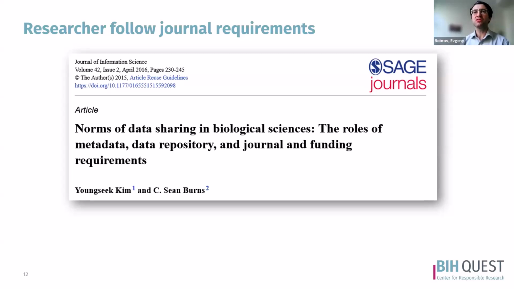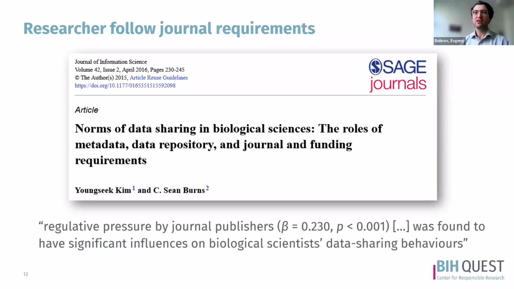It has shown that researchers would follow journal requirements, and that these requirements would be particularly important for them to start sharing data. In this study, they show that what they call regulative pressure, I'm not sure regulative is the perfect word, but some kind of expectation by journals, was found to have significant influence on biological scientists' data sharing behaviors.